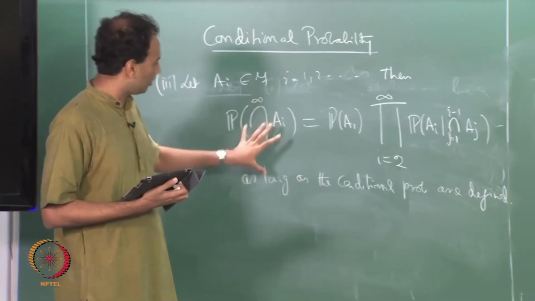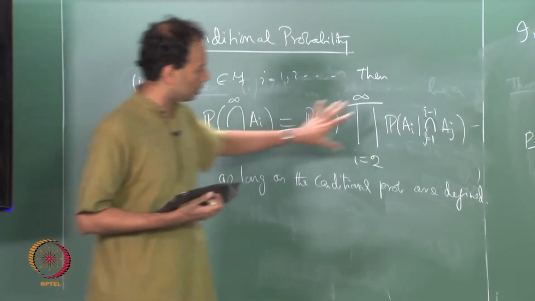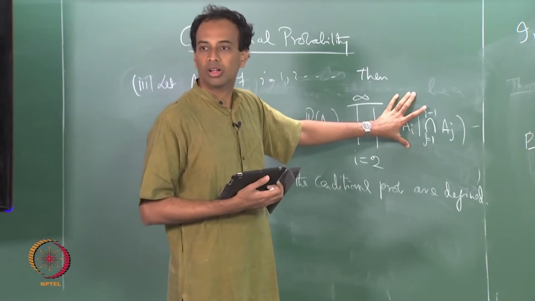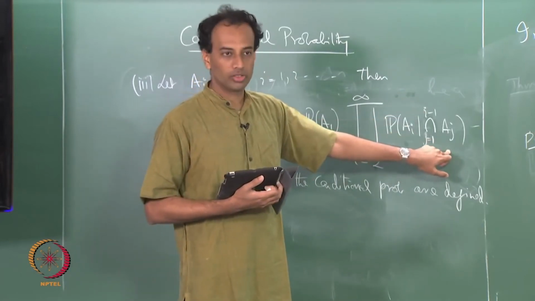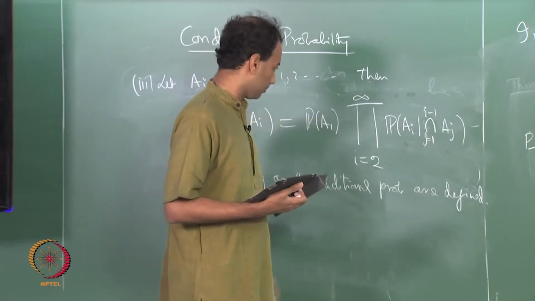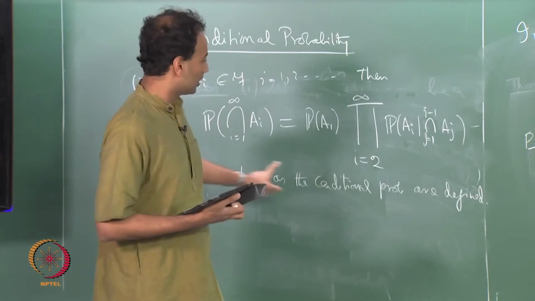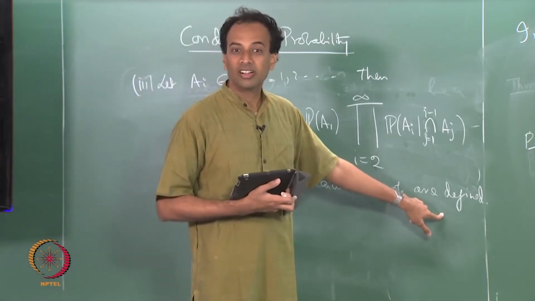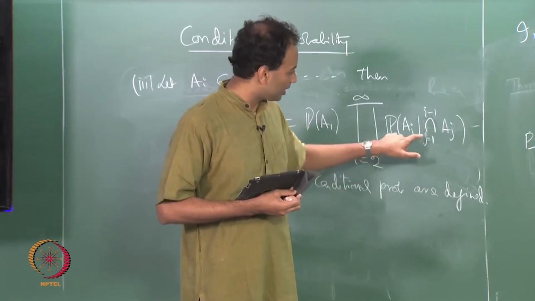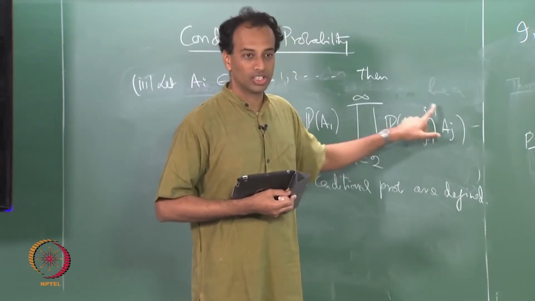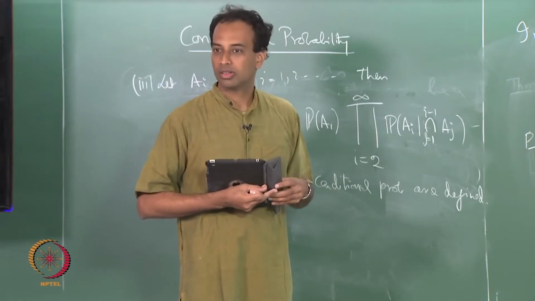So, this is the probability of the countable intersection of a bunch of events. I am writing it in terms of a product of a bunch of conditional probabilities. So, why have I said as long as the conditional probabilities are defined? Each thing that I am conditioning on here must have positive probability, right.